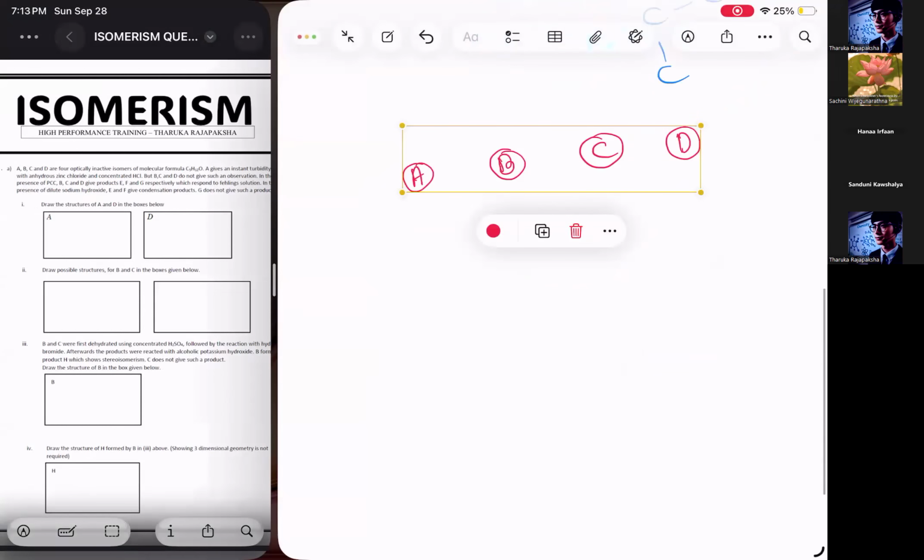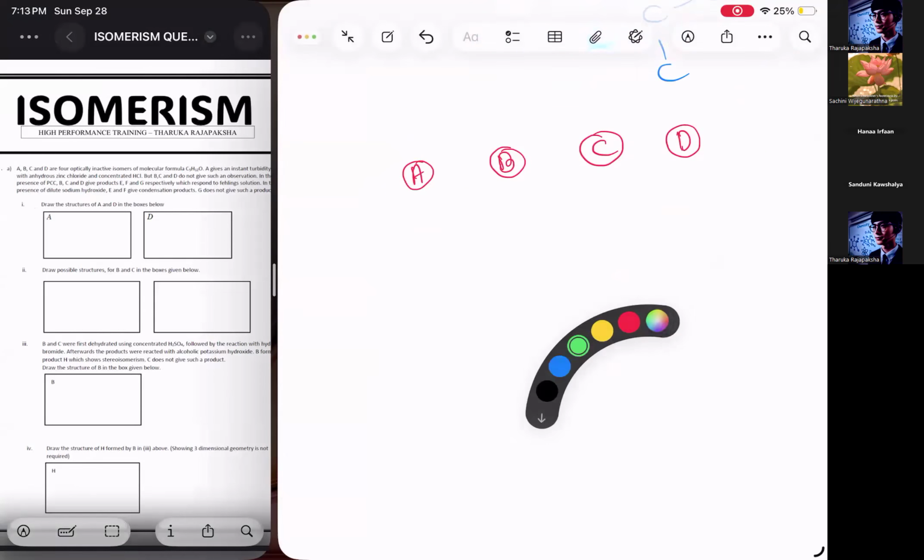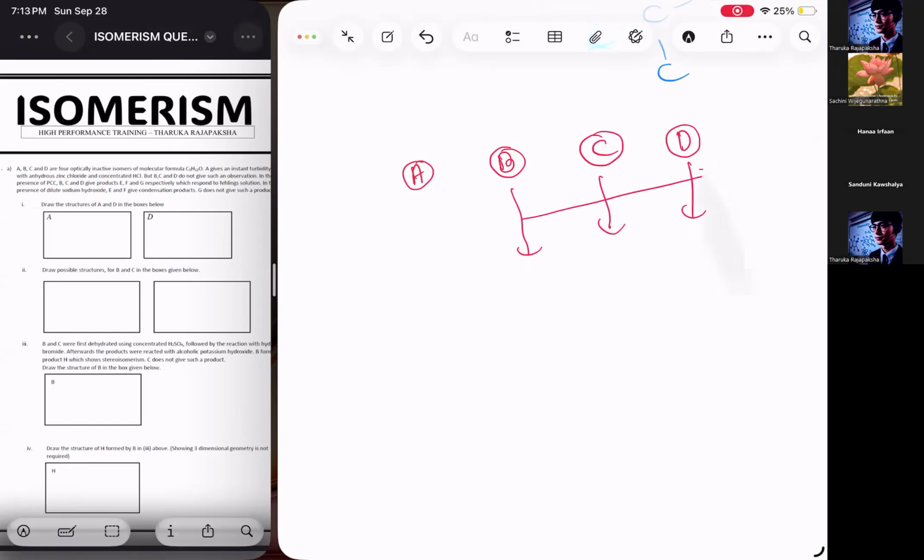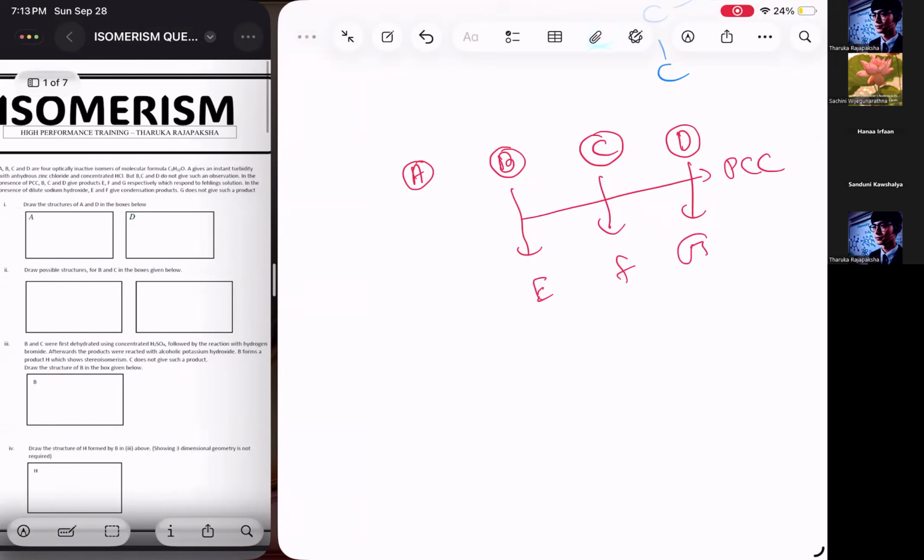They say B, C, D after reacting with PCC gives E, F, G respectively, which respond to Fehling's.